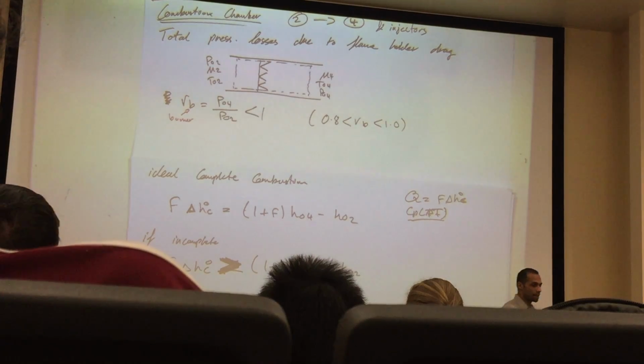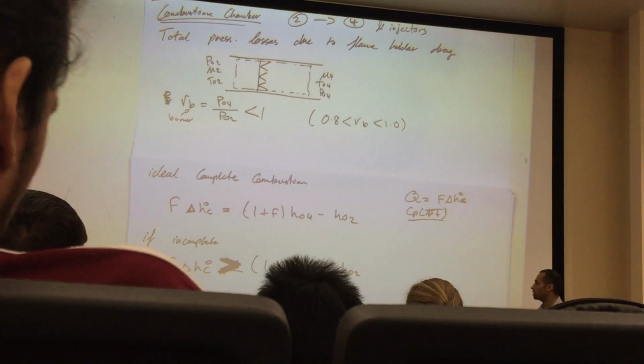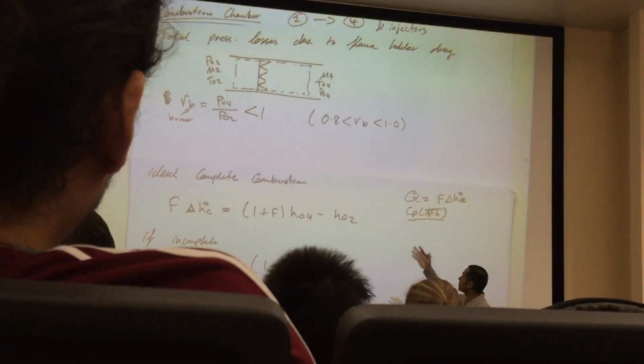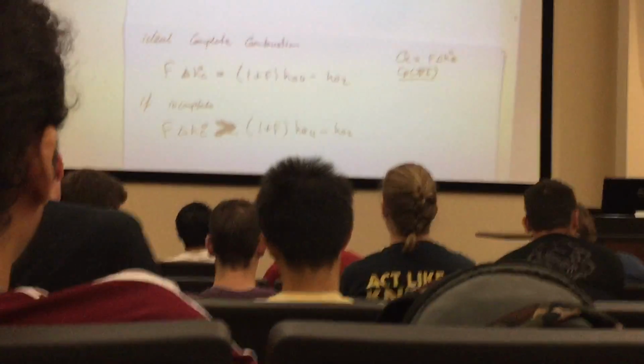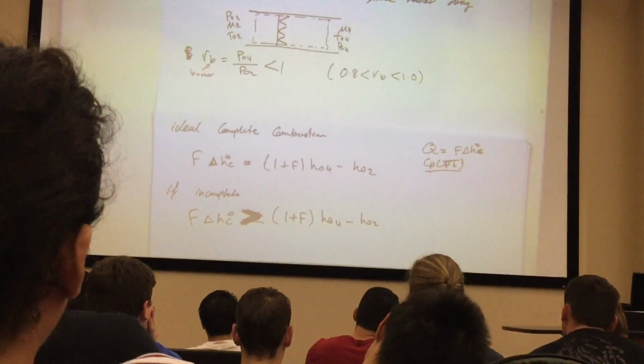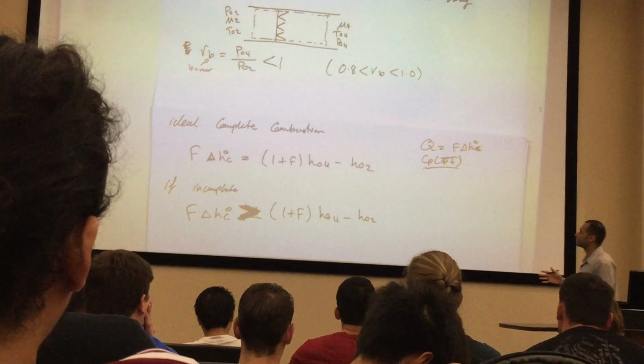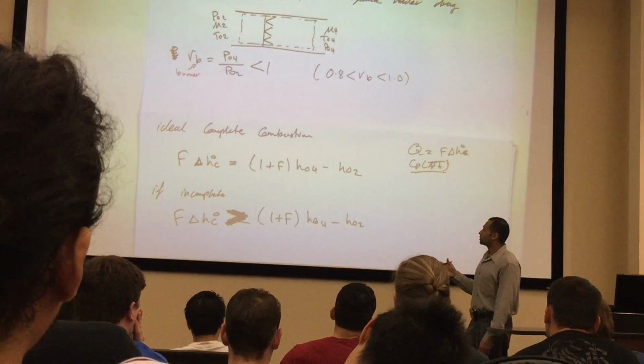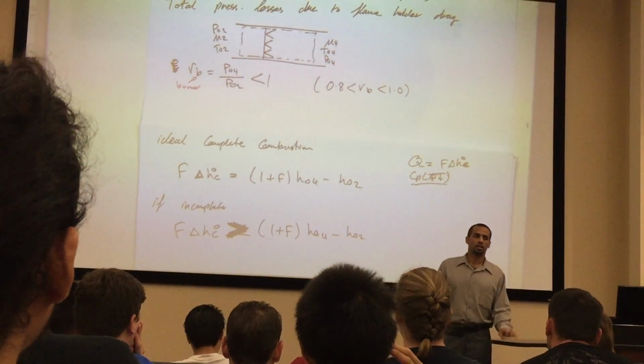Now that's not exactly what happens, depending on the mixing, because this is a high-speed flow that is going through this. Specifically for ramjets, this is actually a Mach 0.3, which is about 125, 130 meters per second, which will translate to about 100 miles per hour.